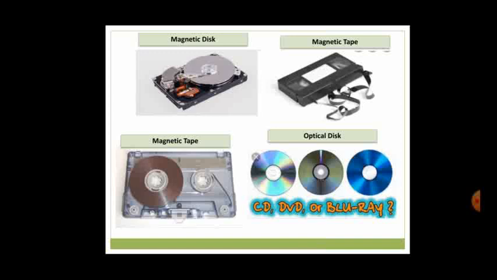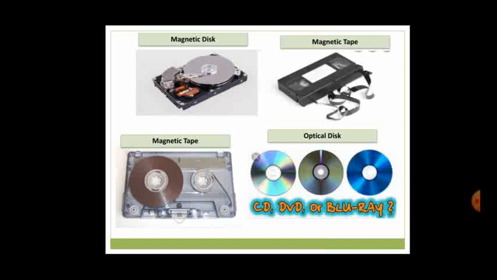Magnetic tapes are the old type of storage devices where a layer of magnetism is on plastic. That means the plastic is dipped in a magnetized liquid, and that media we can use for storage of data.